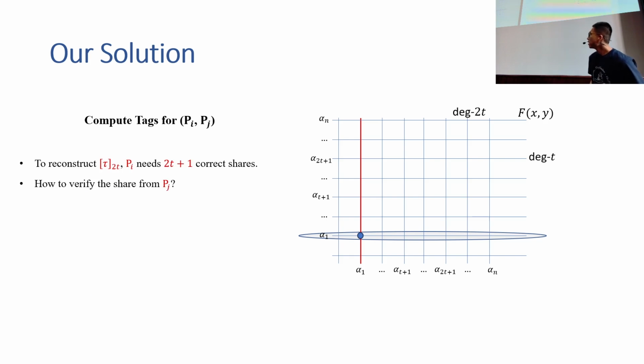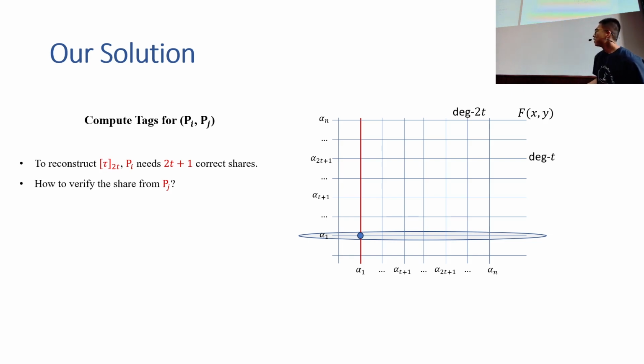Okay, so to let PI obtain the authentication tag, all the parties will send their tag share to PI. But because this is a degree 2T sharing, again we need to distinguish correct shares from wrong shares. And this time we don't have an authentication tag. How should we do that?